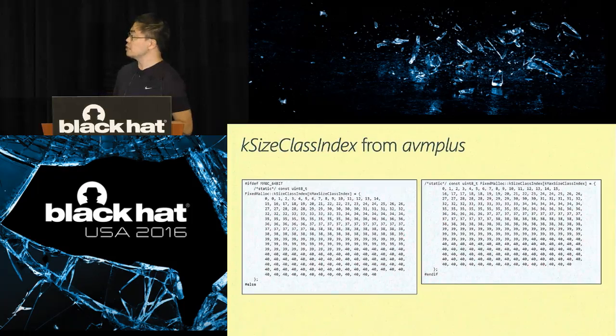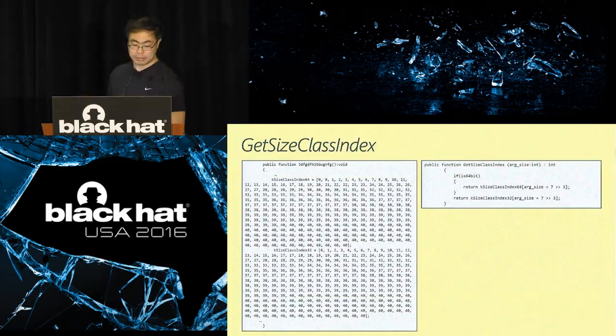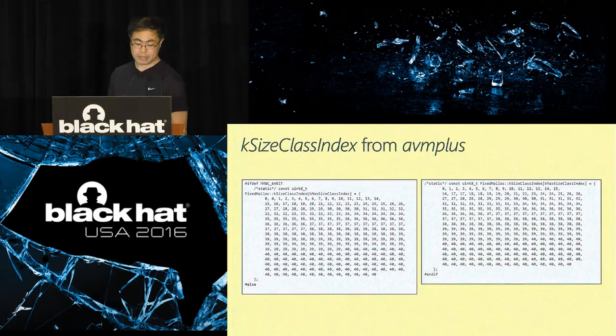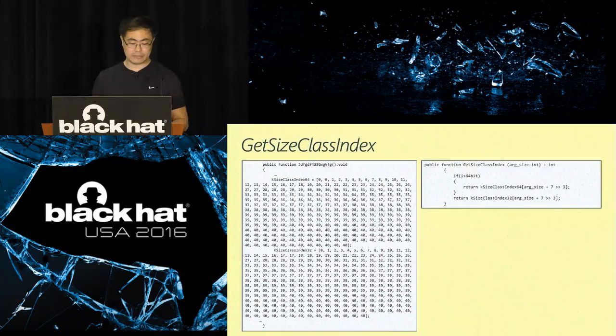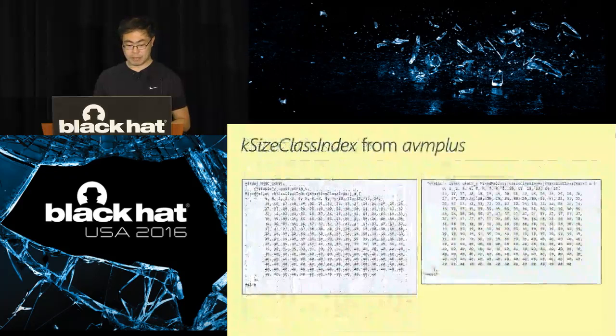This table and this table are actually the same, and this table is in the AVM Plus source code. So our suspicion is that they studied the AVM Plus source code and figured out how they can traverse the MMgc memory space.